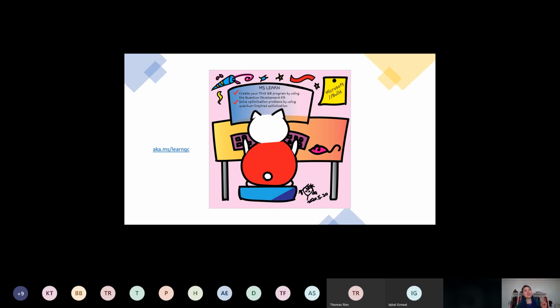One last thing. We just produced 2 Microsoft Learn modules. One is to help you get hands-on, getting started with programming your first Q# program using the Quantum Development Kit. It is very easy, so take that class, take that hands-on exercise. We also have one module called Solve Optimization Problems by using quantum-inspired optimization.